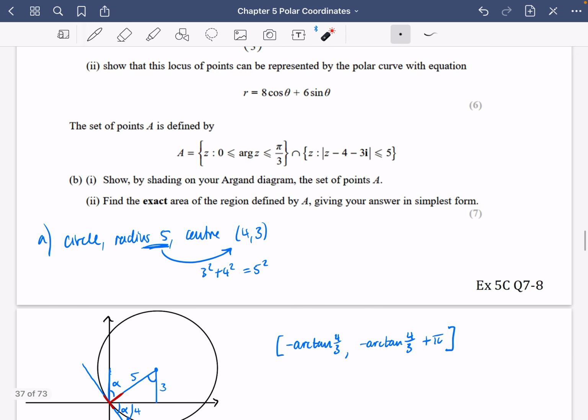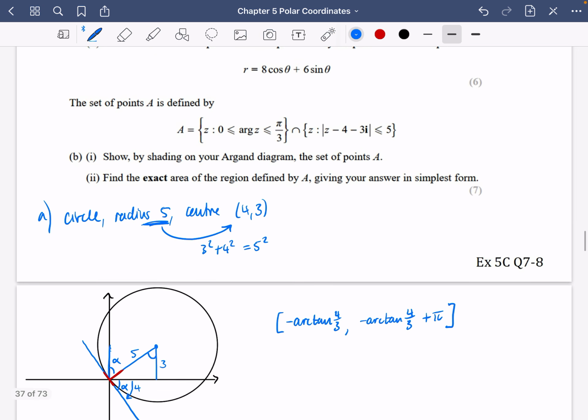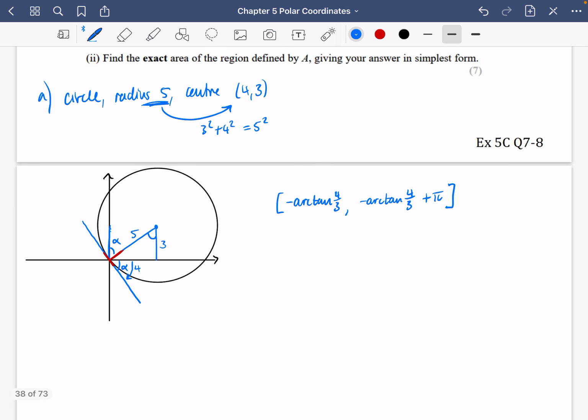It then says for part 2, show that the locus of these points can be represented by this equation. Well, we've done one of these before, so hopefully you can have a go at this yourself. Let's do this nice and quick. I would say that as a circle, this is just going to be x minus 4 squared plus y minus 3 squared equals the radius squared, which is 5 squared. So I'm going to start subbing in.